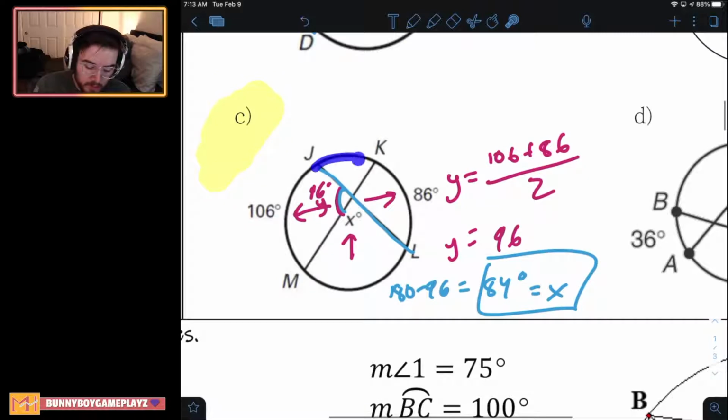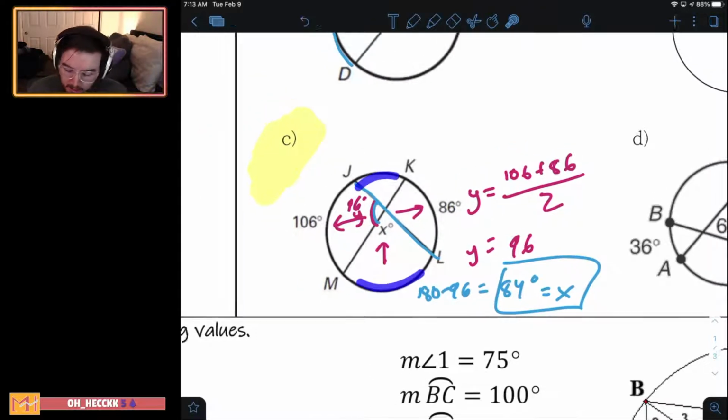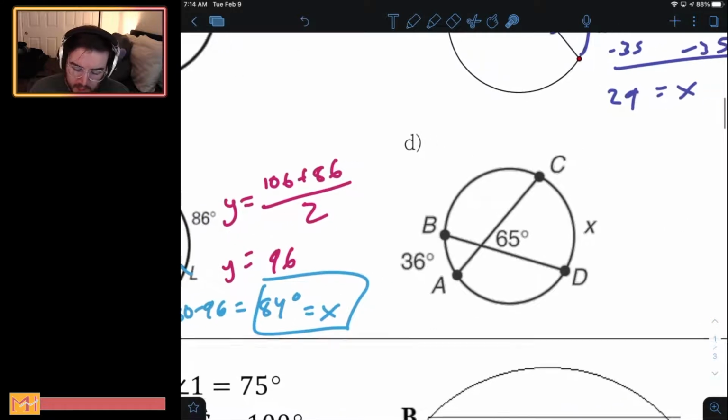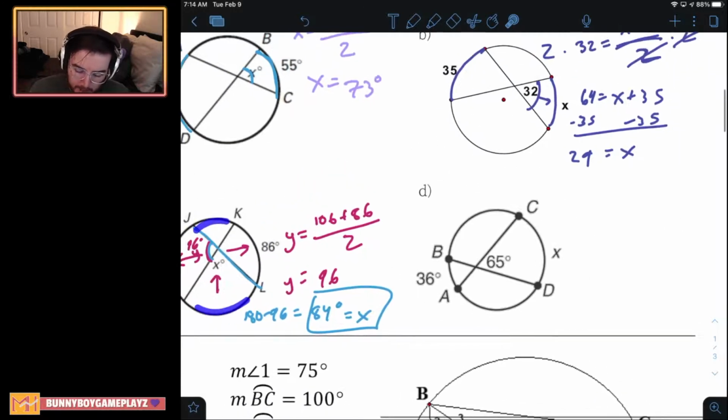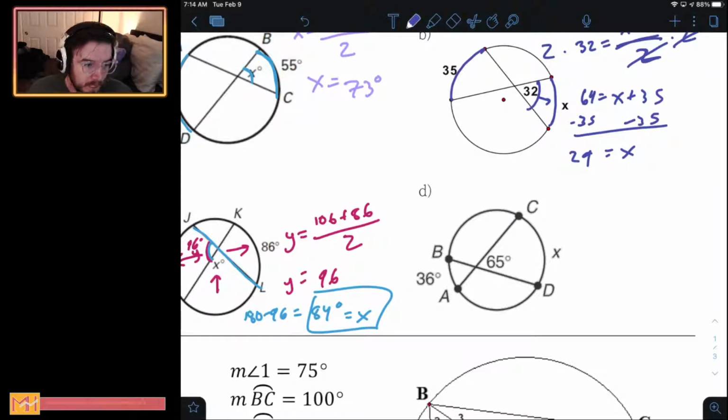You could have solved for these arcs as well. That is theoretically possible, but I feel like just finding this and then doing a linear pair seems a little more straightforward. But there are other ways to potentially go about that. I'm not saying you would be wrong. That's just the way I chose in this moment.